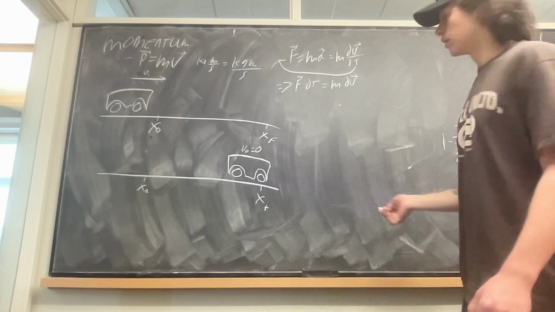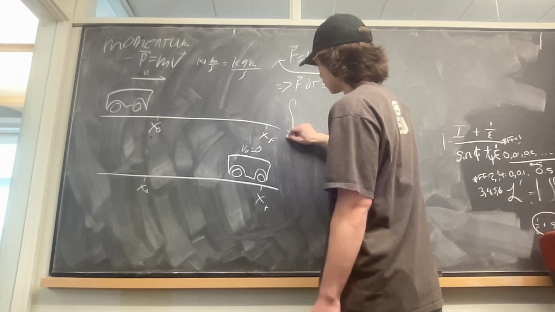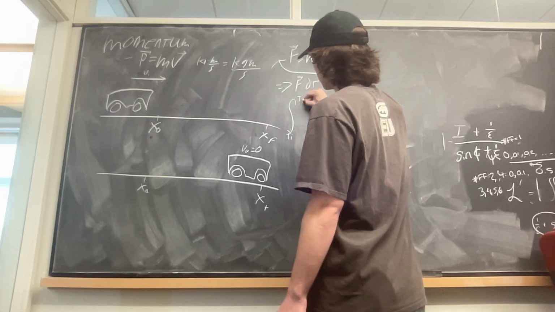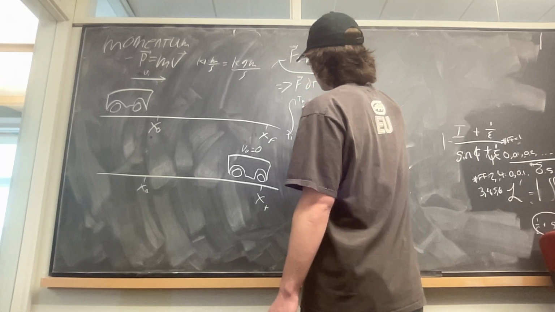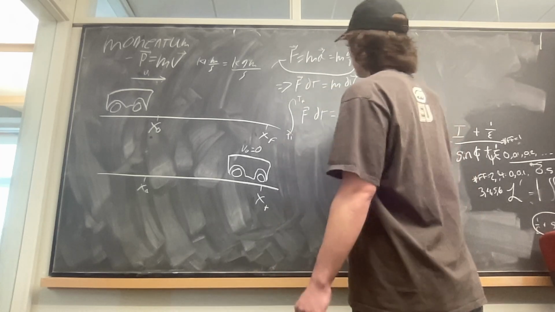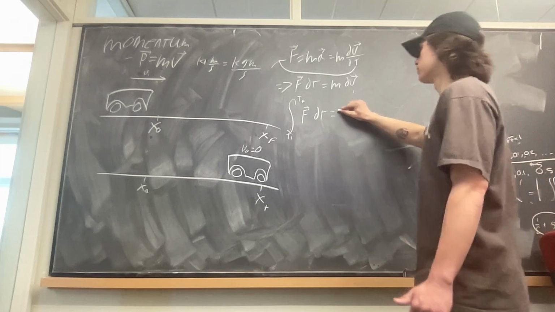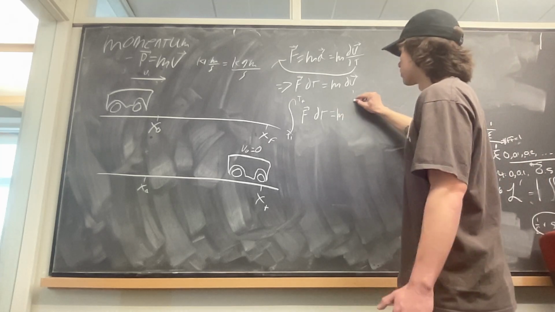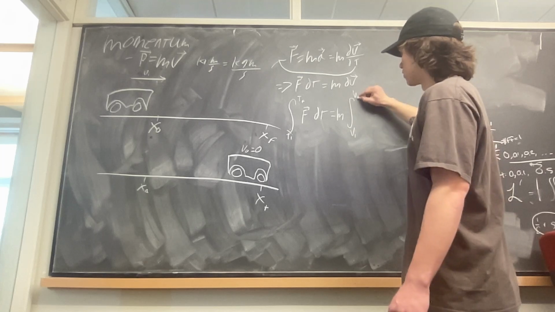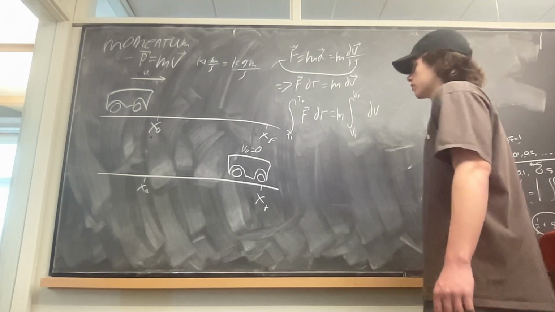Now let's try integrating both sides. So we would have the integral from t initial to t final of force, a vector, with respect to t, equals, because mass is a constant, we don't need to include that in our integral, mass times the integral from velocity initial to velocity final with respect to velocity.